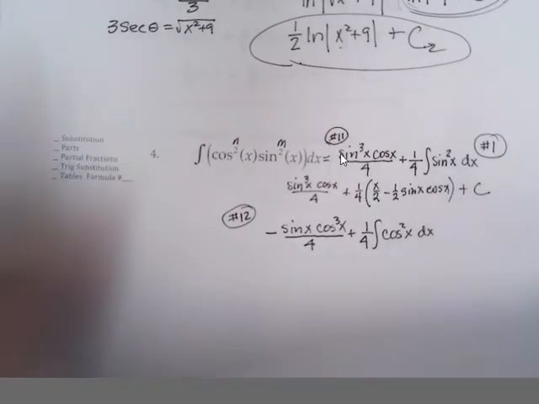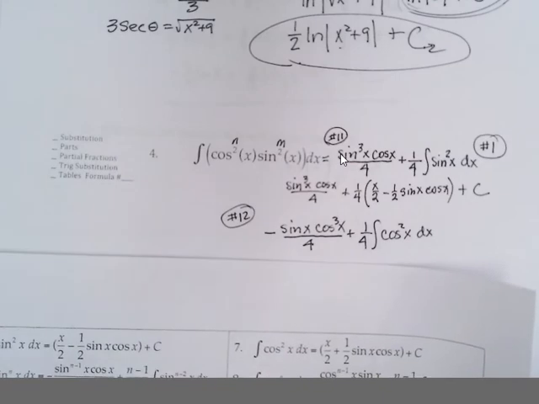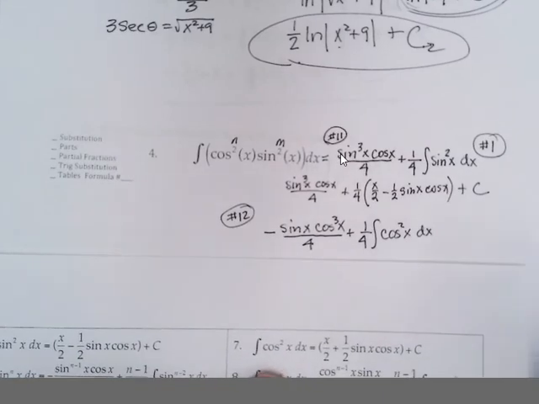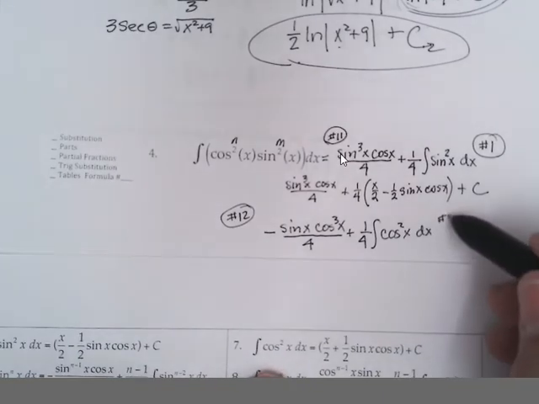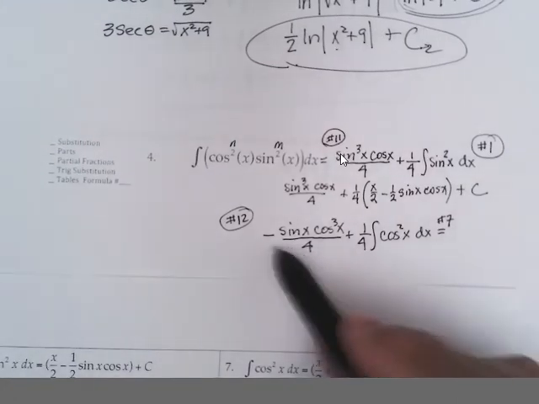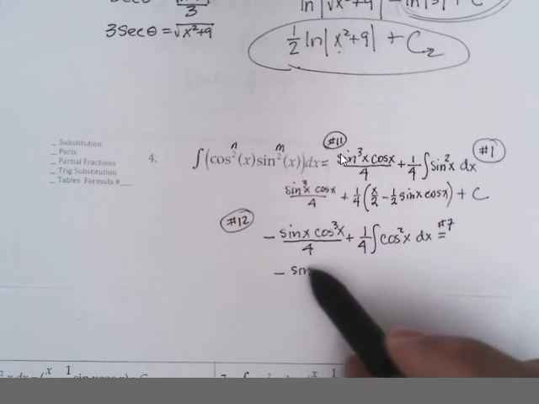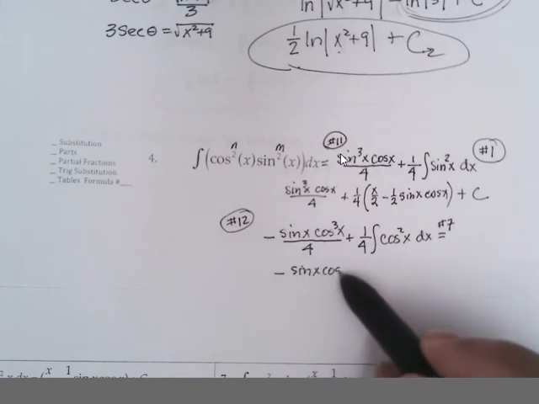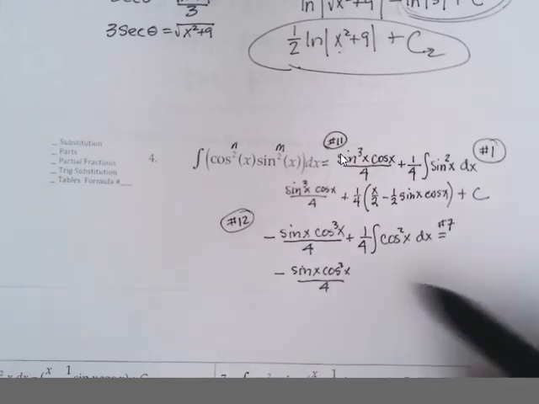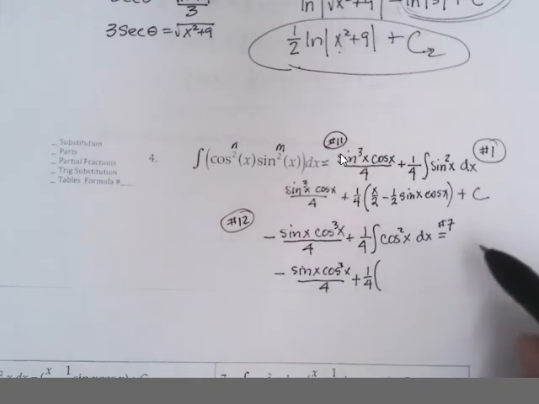And we have a formula for cosine squared. It happens to be number 7. And so if I use number 7, I get all of this plus 1/4, and in here I'm going to get a lot of stuff that looks similar.